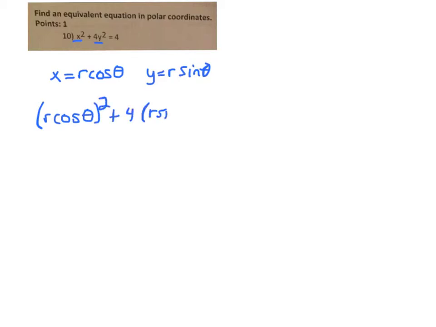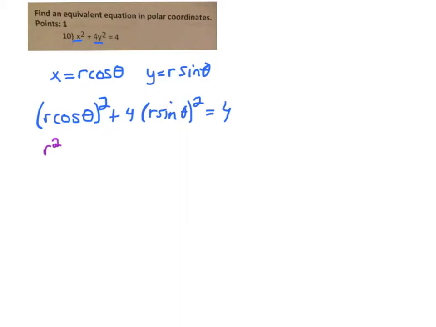Find an equivalent equation in polar coordinates. When we are converting from a regular equation to a polar equation, we need to remember this conversion right here. x is the same as r cosine theta, y is the same thing as r sine theta. So we have an x and a y. We need to plug in the r cosine theta where x is, and the r sine theta where y is, and then distribute that squared.